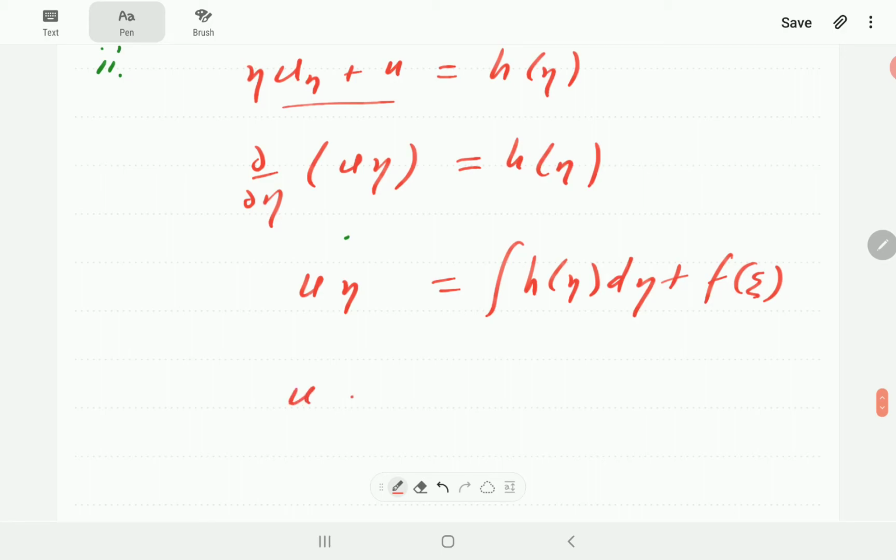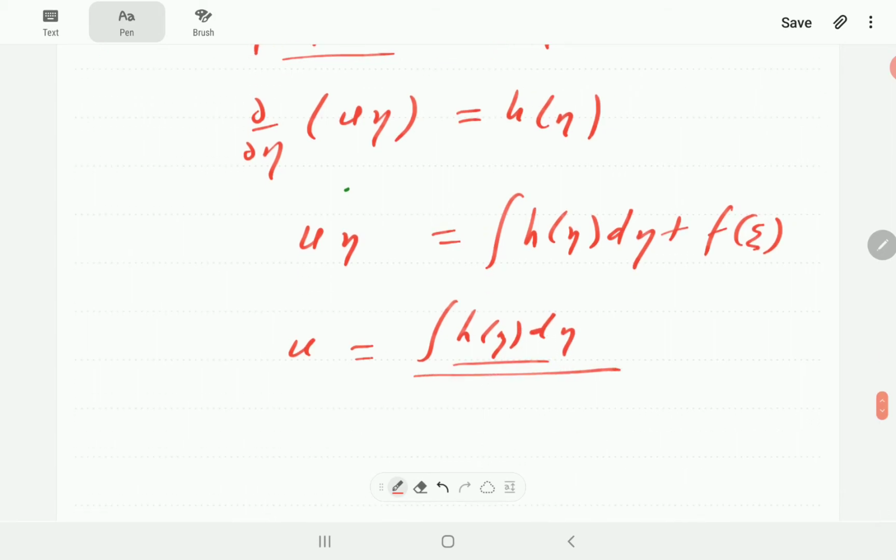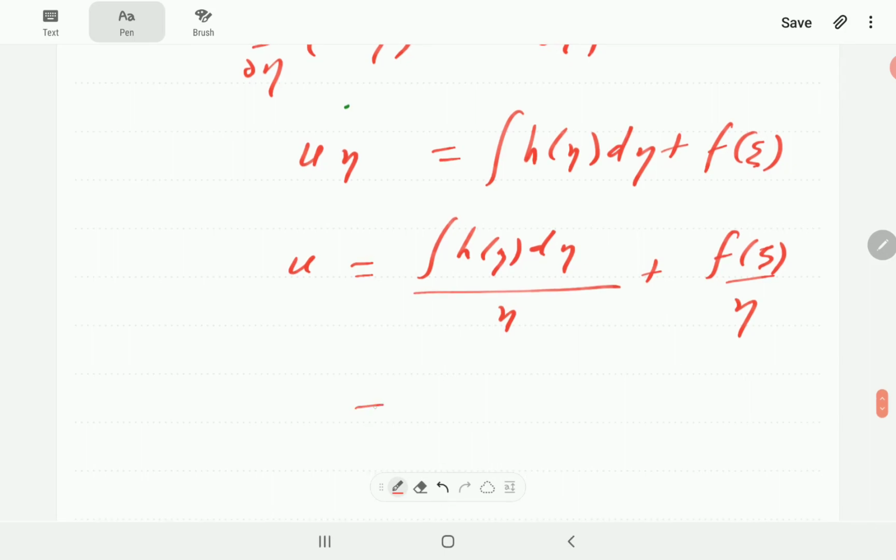Then u is going to be the integral of h, integrate first, divided by eta, plus f of xi divided by eta. But this first one we can simply call g of eta because it's entirely a function of eta. So that is going to be the general solution of our PDE.